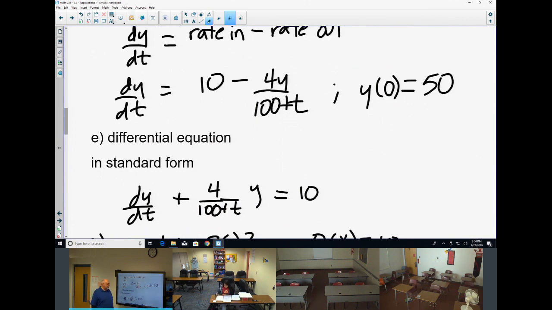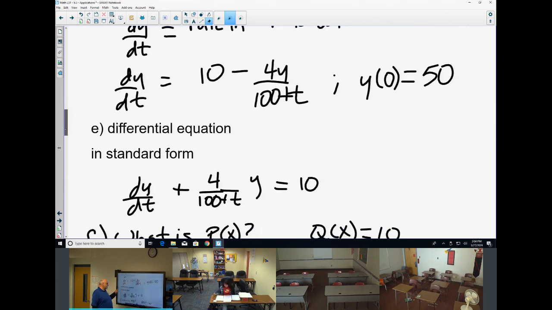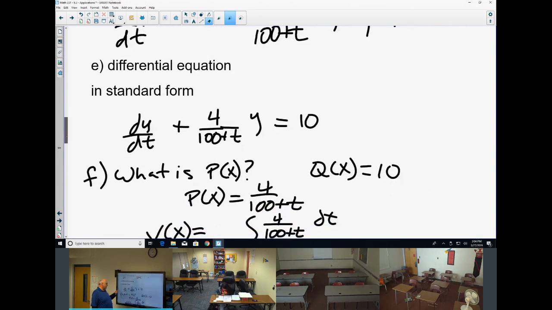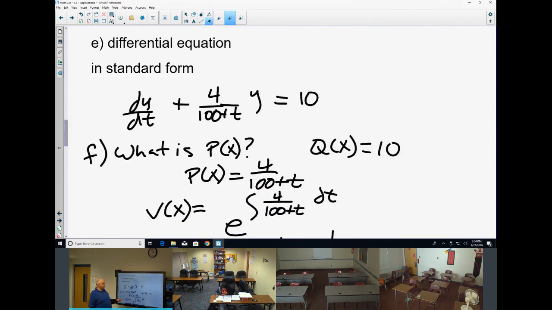So what would we do to calculate the v of t? The e to the integral of p of t. Oh yeah. So it's just e raised to the integral of 4 over 100 plus t. Okay.